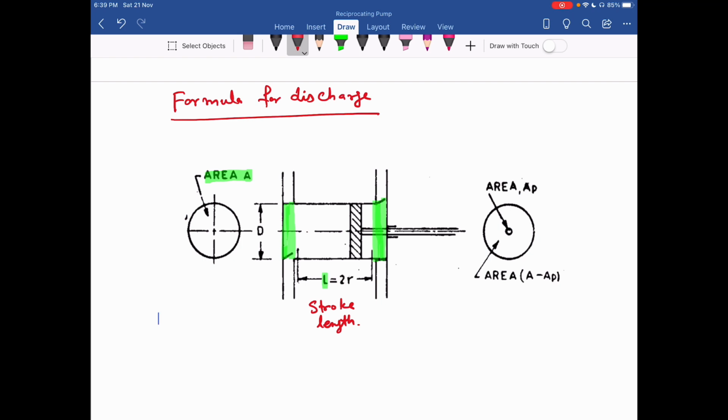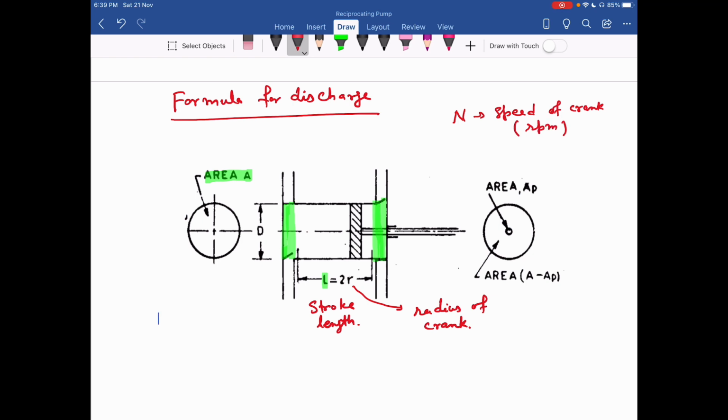If R is the radius of the crank, then 2 times R is my stroke length. Then N is the speed of the crank, that is in RPM.